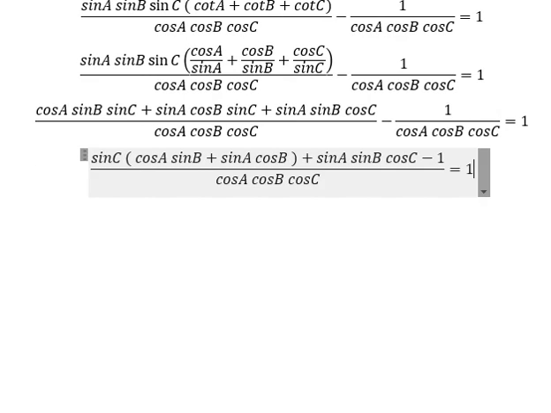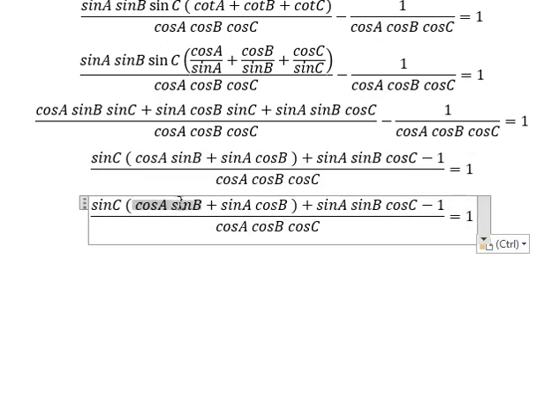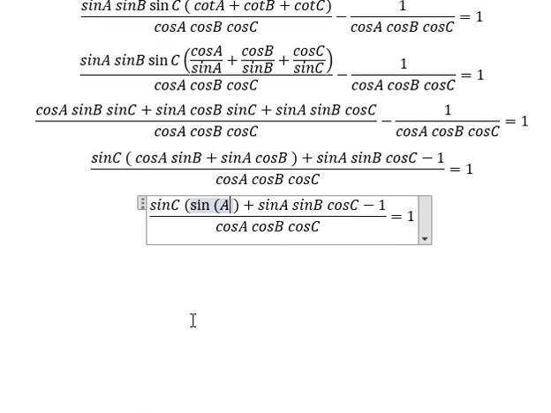So if we look carefully, this one that is about sine A plus B.